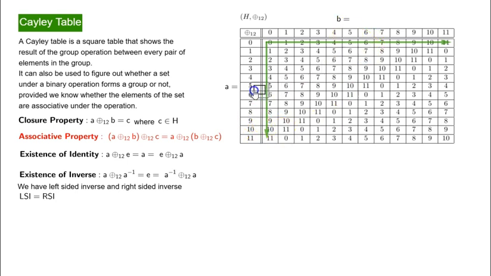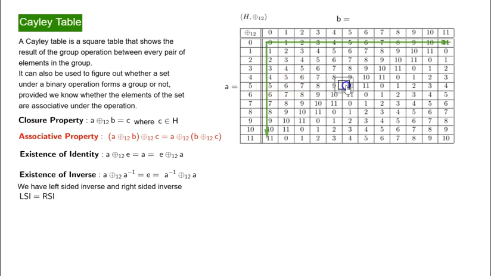So when we say the inverse of 5 is 7, we are talking of the left-sided inverse. Now when we say 7, we are taking the same example. For 7, it is 5.